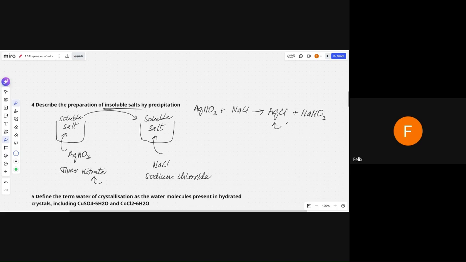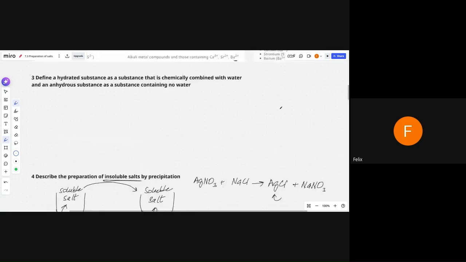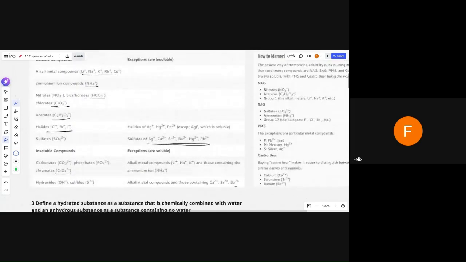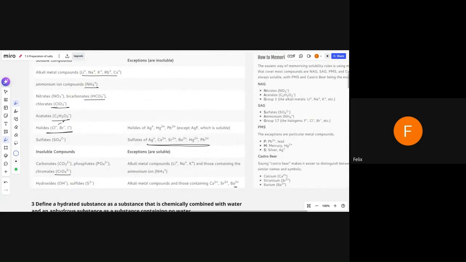From the solubility rules we just discussed, if chlorides, halides, are attached with silver, they become insoluble.